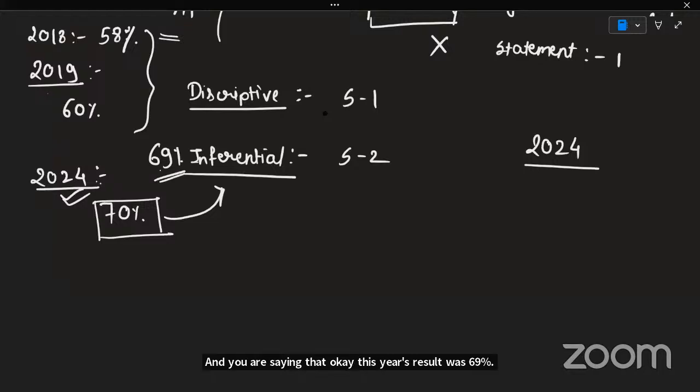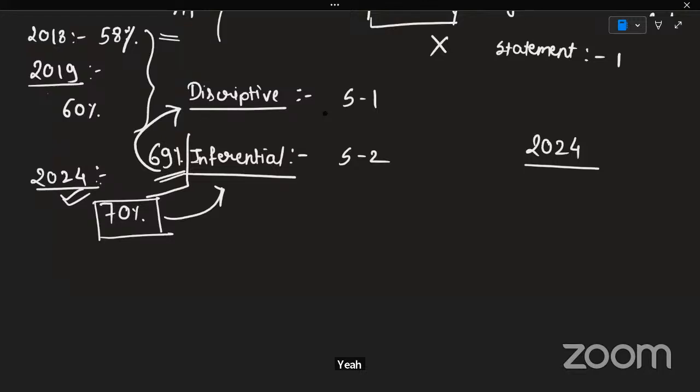Where will it go? Under descriptive, right? Because it was after the results. Yes. Here it is also a conclusion, or not a conclusion, we can say a prediction, a probability, an inference. A 70% chance is there.